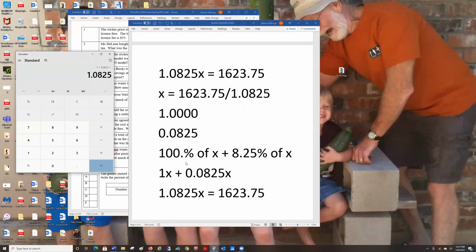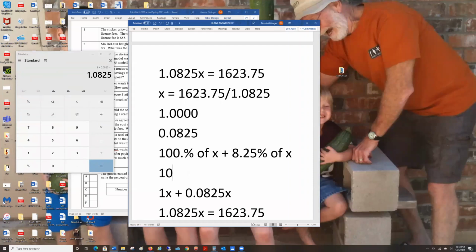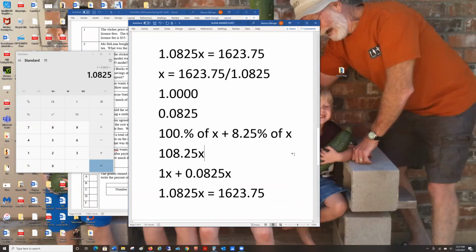And that turns out to be 108.25X percent of, that's important to know.